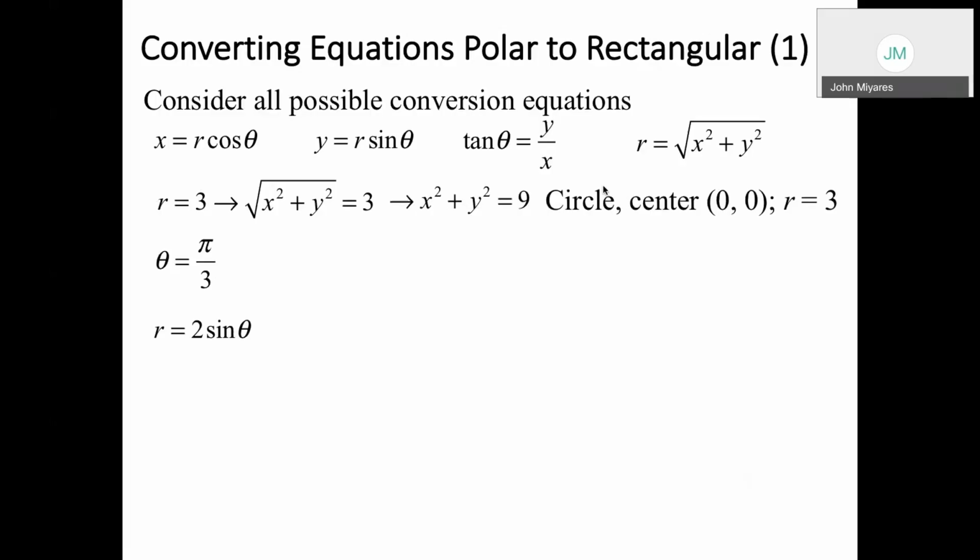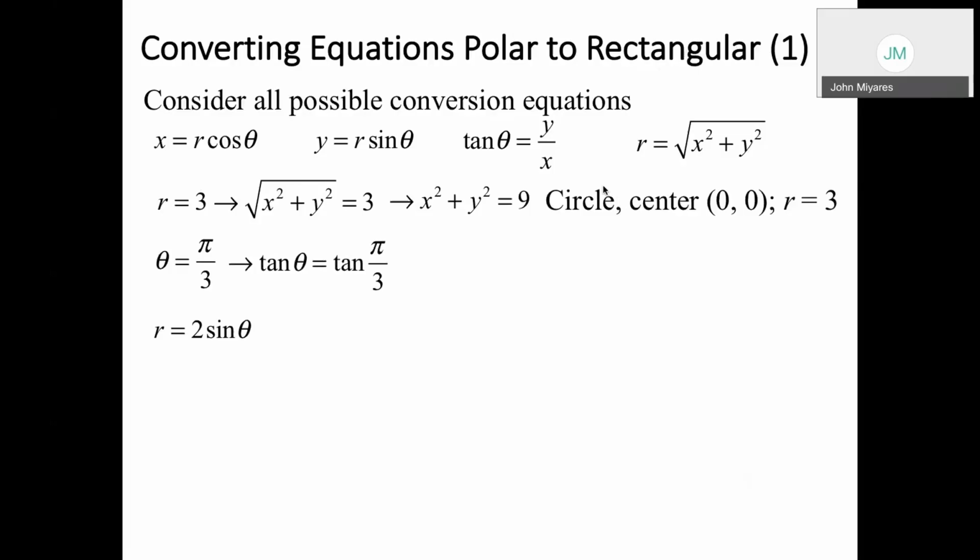For the second equation, you've got theta equals pi over 3. Knowing our equation for conversion here says that the tangent of theta equals y over x, perhaps what we can do is take the tangent of both sides of this equation, so we have the tangent of theta equals the tangent of pi over 3.